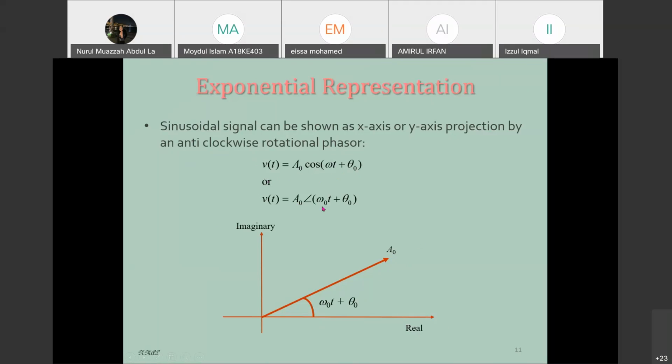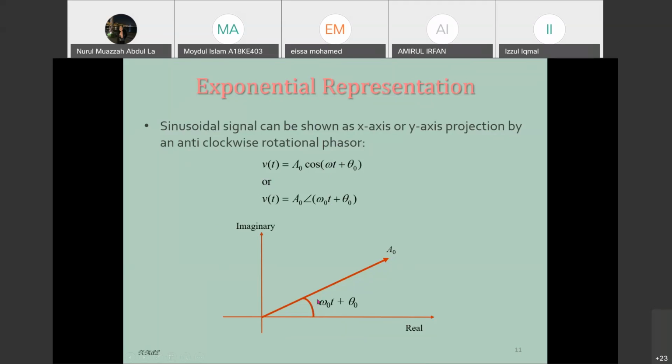And omega t plus theta naught here is the phase on this graph. This one, you need to do the revision of complex numbers on the graph. I already uploaded the notes on the e-learning. So please have a look.